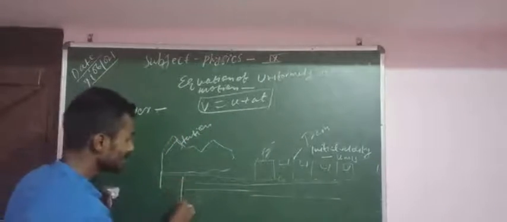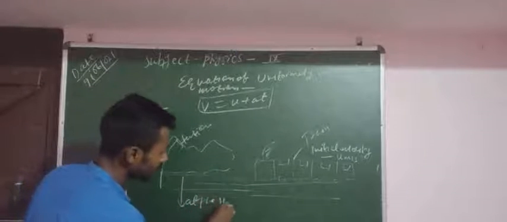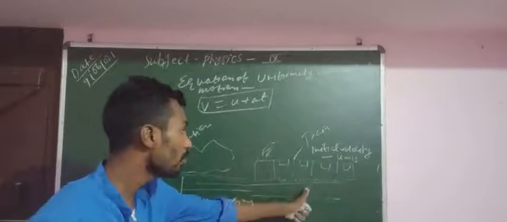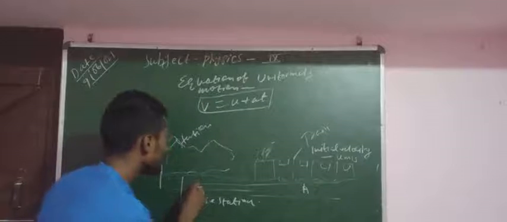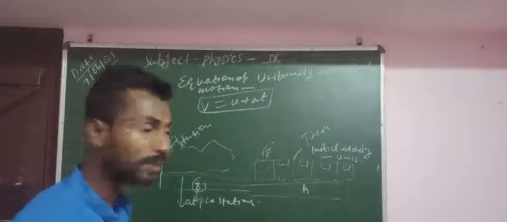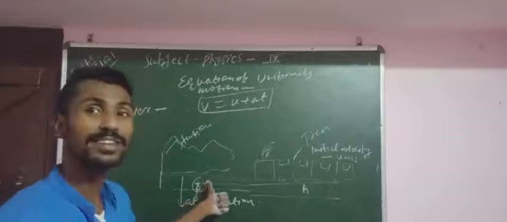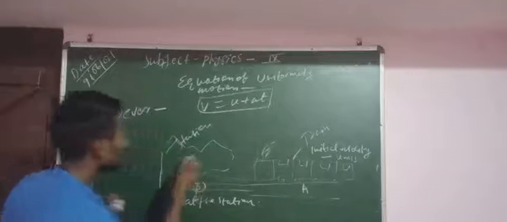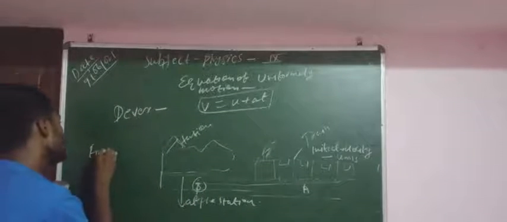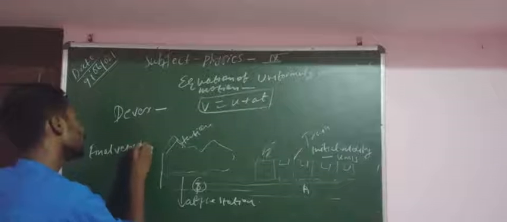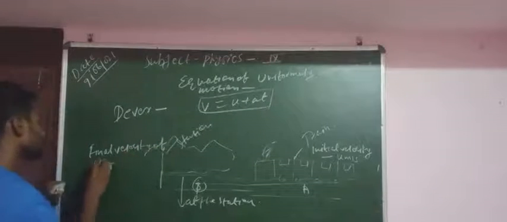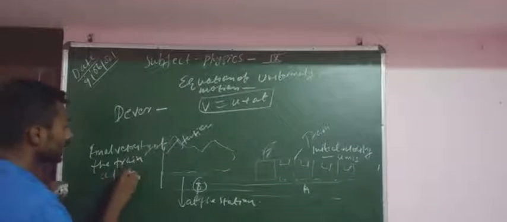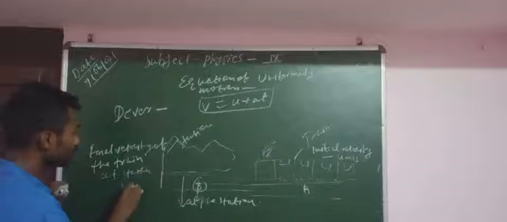If the train moves from point A to point B, at point B the final velocity of the train at the station will be v meter per second.